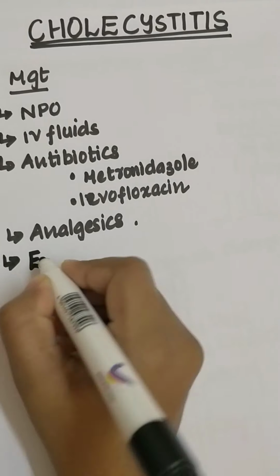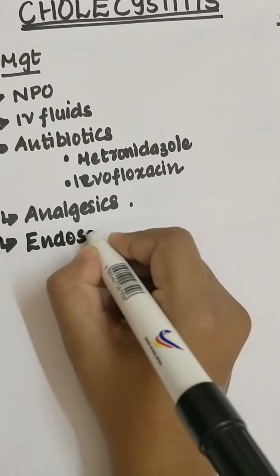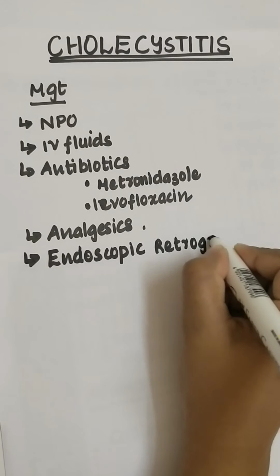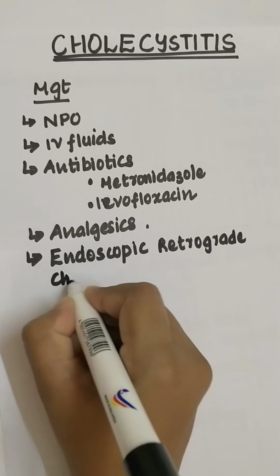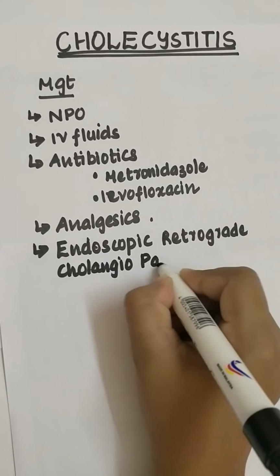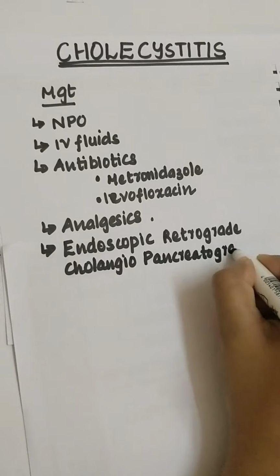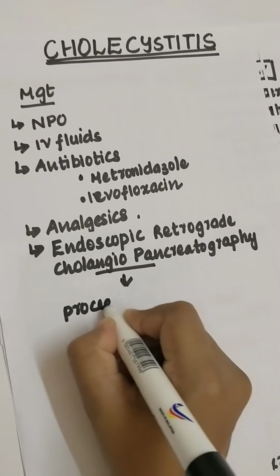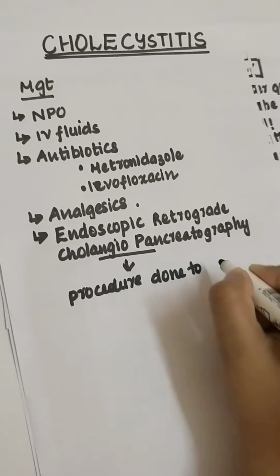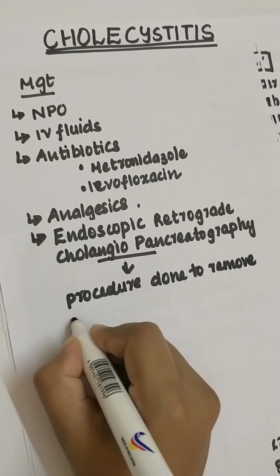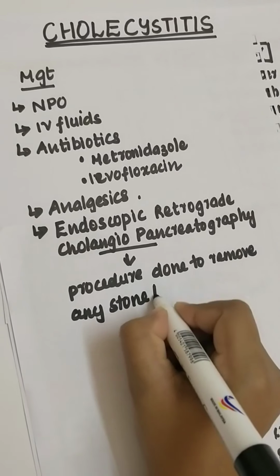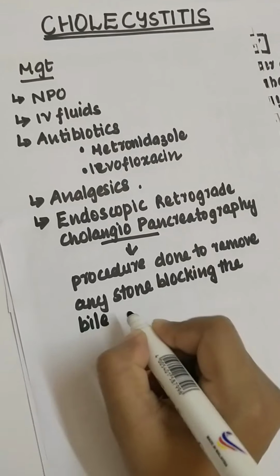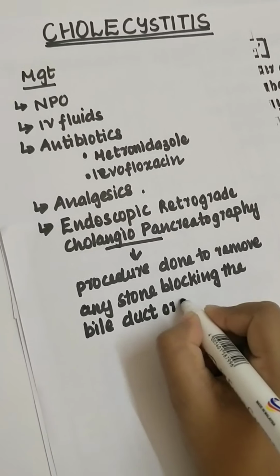The next management is endoscopic retrograde cholangiopancreatography. This is a procedure that is done to remove any stones that are blocking the bile duct or cystic duct.